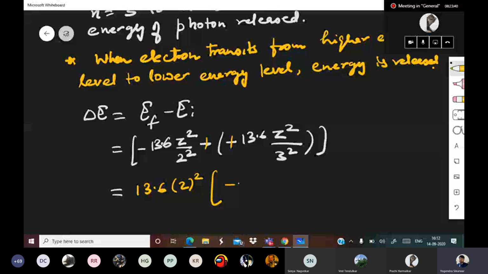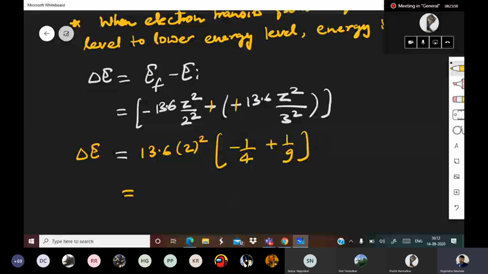Okay, so 13.6 into 4, how much is that? Can somebody quickly tell me? 54.4. Into this is 36, so that will be minus 9 plus 4.